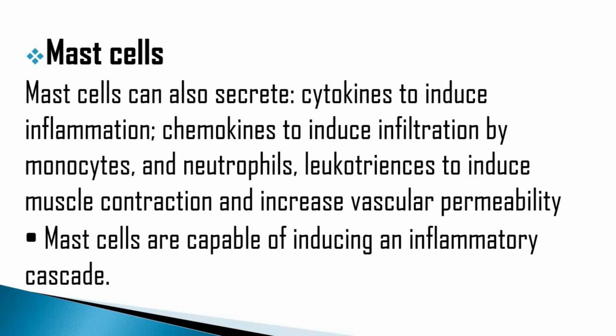Chemokines are chemicals that will attract other white blood cells such as monocytes and neutrophils. So it will call other white blood cells to the site where the infection is going on. And when neutrophils and monocytes come, they are going to eradicate that infection. So mast cells are also capable of inducing an inflammatory cascade.